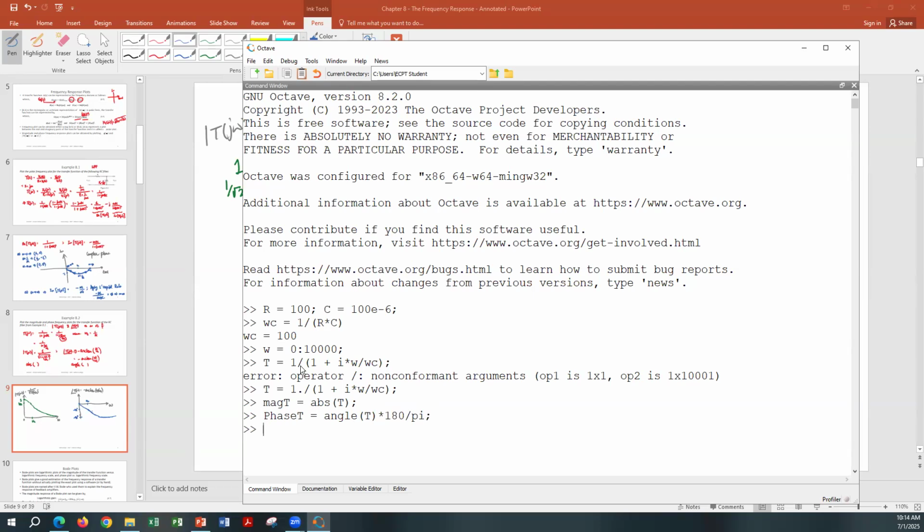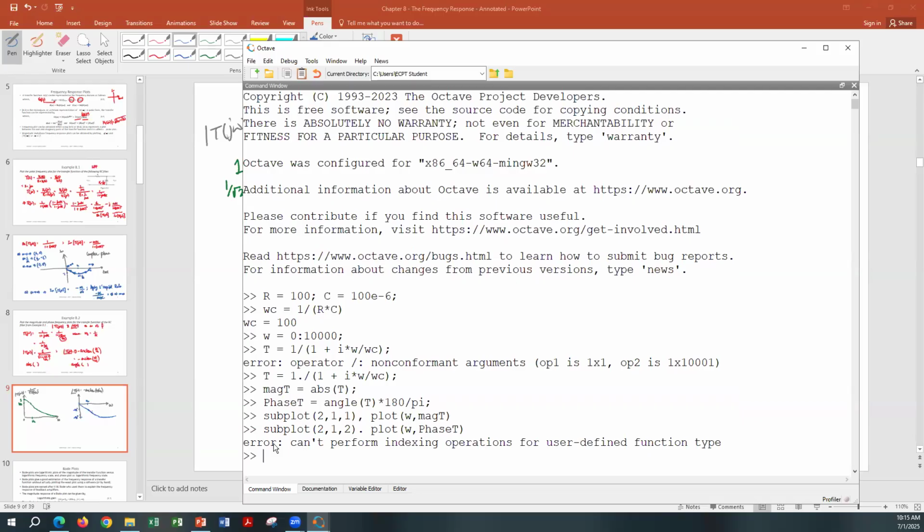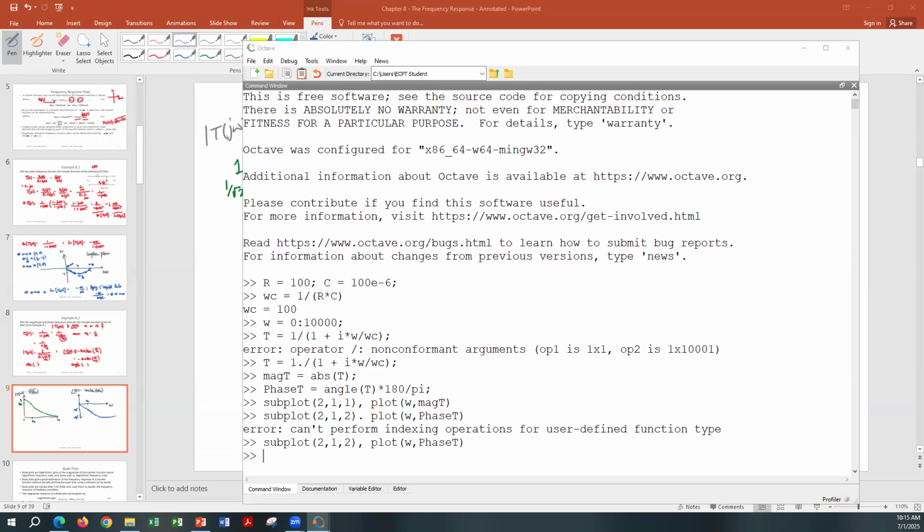And then we can just do subplot. Subplot 2 comma 1 comma 1, plot omega comma magnitude of t, and subplot 2 comma 1 comma 2, plot omega comma phase of t.